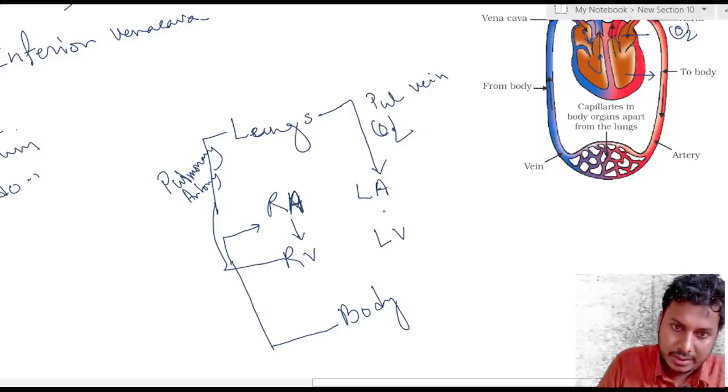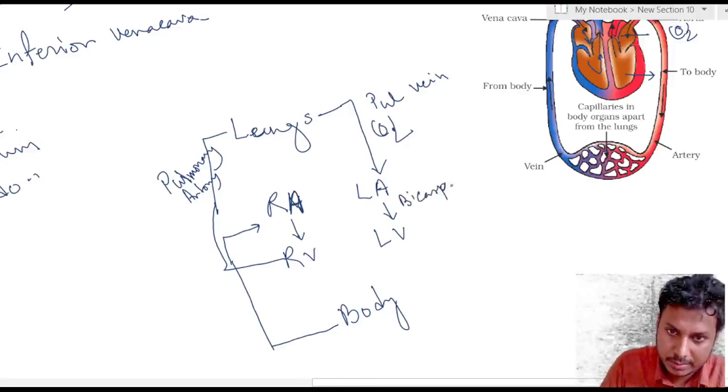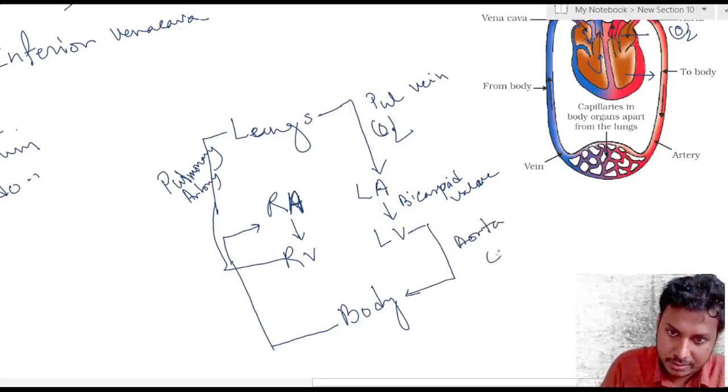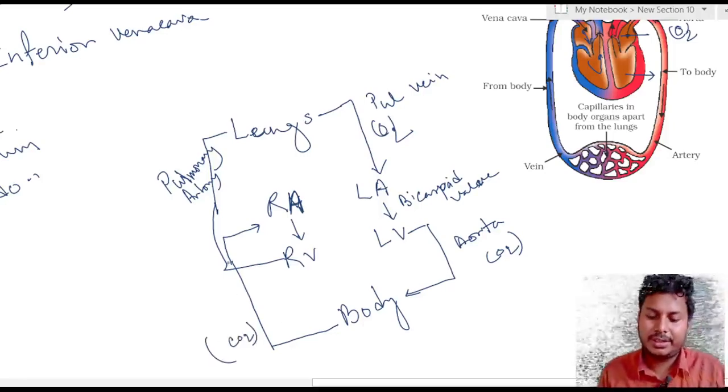From the left atrium, it comes to the left ventricle, where the bicuspid valve is. Through the left ventricle, it goes through the aorta to the body, carrying oxygenated blood and CO2. This is a schematic diagram.